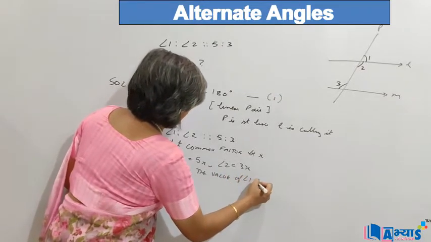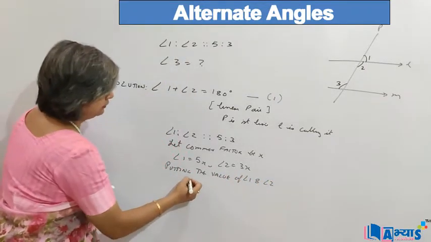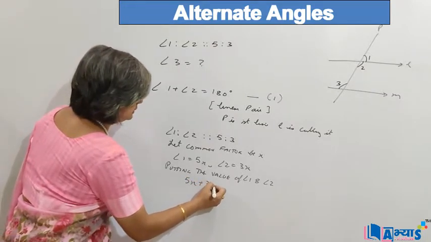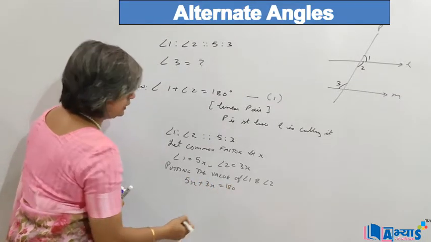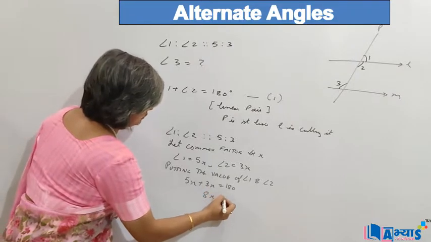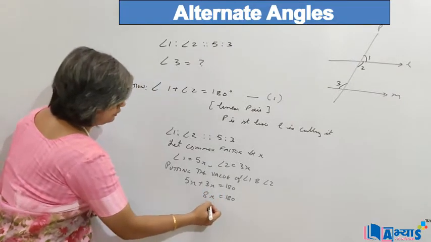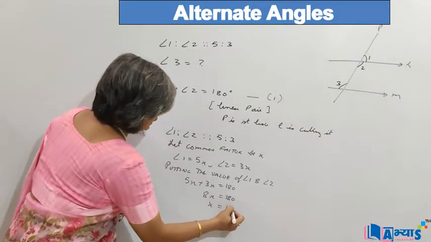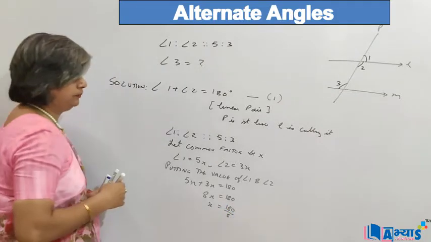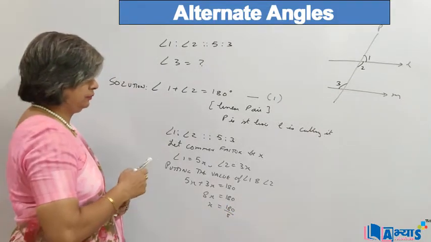angle 1 and angle 2, we will get 5x plus 3x is equal to 180 degrees, or 8x is equal to 180 degrees, or we can say x is equal to 180 upon 8.